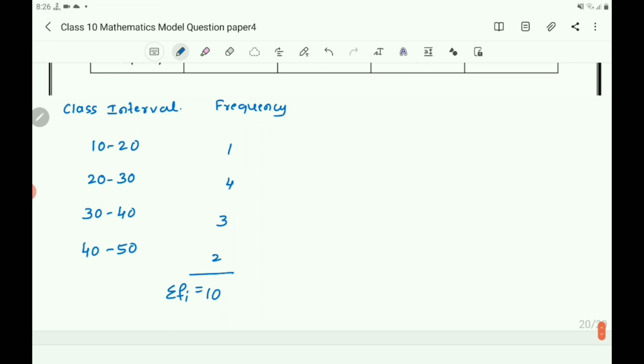Then in the next column we have to find the class mark. And how will you get the class mark? That is lower limit plus upper limit divided by 2. You can take 10 plus 20 by 2, that is 30 by 2, 15.